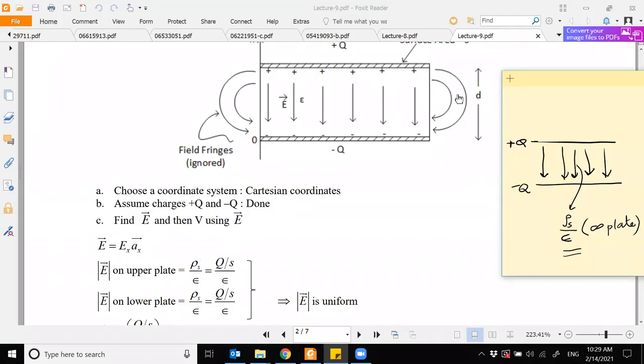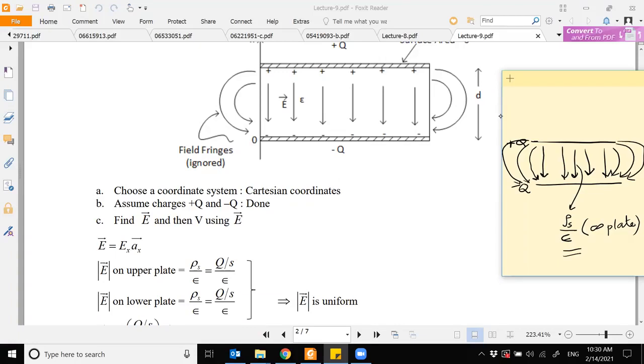But just to give you an idea, when the plate is no longer infinite, then as you go to the corners, your field will no longer be this value. It will no longer be straight. It will start curling like this. So this is for the finite plate.